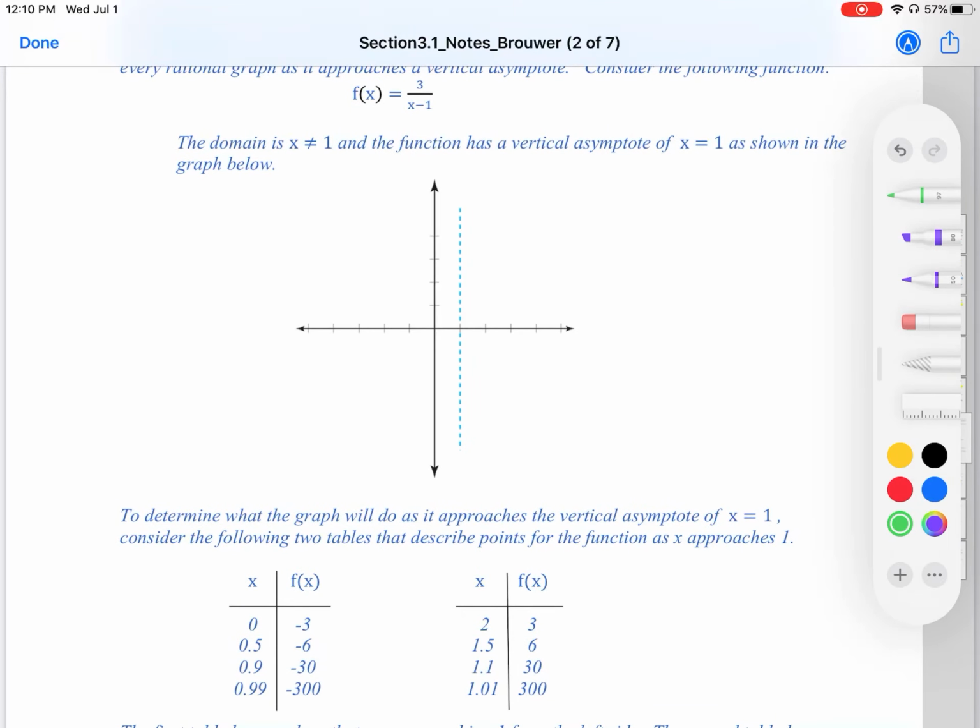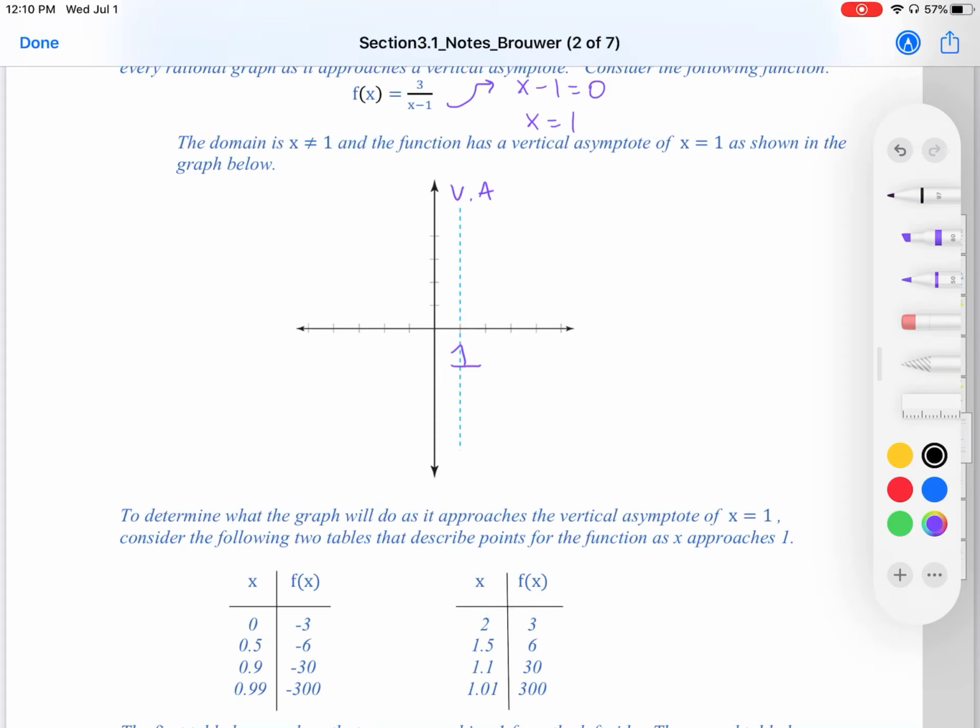So we have f of x equals 3 over x minus 1. So we find our vertical asymptote, we take x minus 1, we set it equal to 0, we get x equals 1. So we have our vertical asymptote. Now what's going on? What are we graphing? Well, let's pick some points that get close to 1.